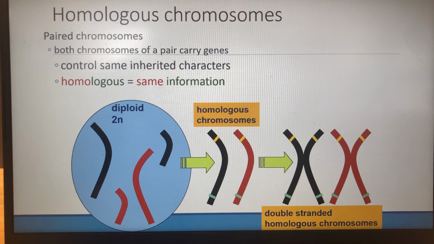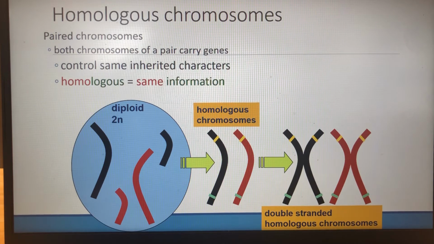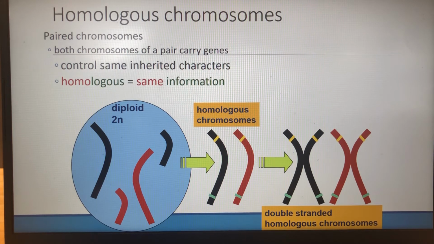The goal of meiosis is to separate the homologous chromosomes so that the sperm or the egg cell only gets 1 of the genes for eye color. You don't need 2 because you're going to find a mate and they're going to have their version. Okay? But it can't be random, because then suddenly we got to make sure that every sperm or egg gets 1 copy of each of the homologous chromosomes, so that you're not walking around with a sperm or egg without any eyes or something.